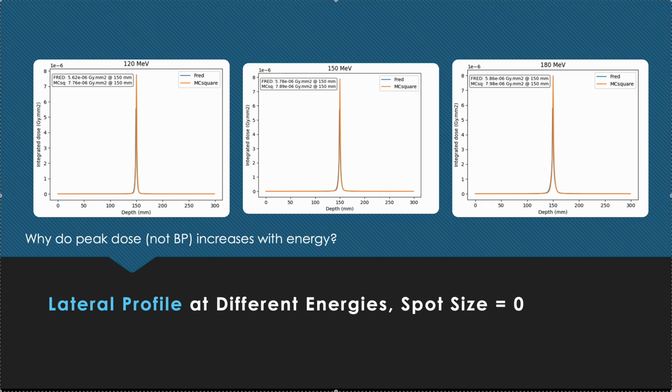This time it increases for the peak, and previously it decreased. And you know the reason for the decrease. The peak dose is lesser for greater energies for the Bragg peak, but here it's the opposite case.